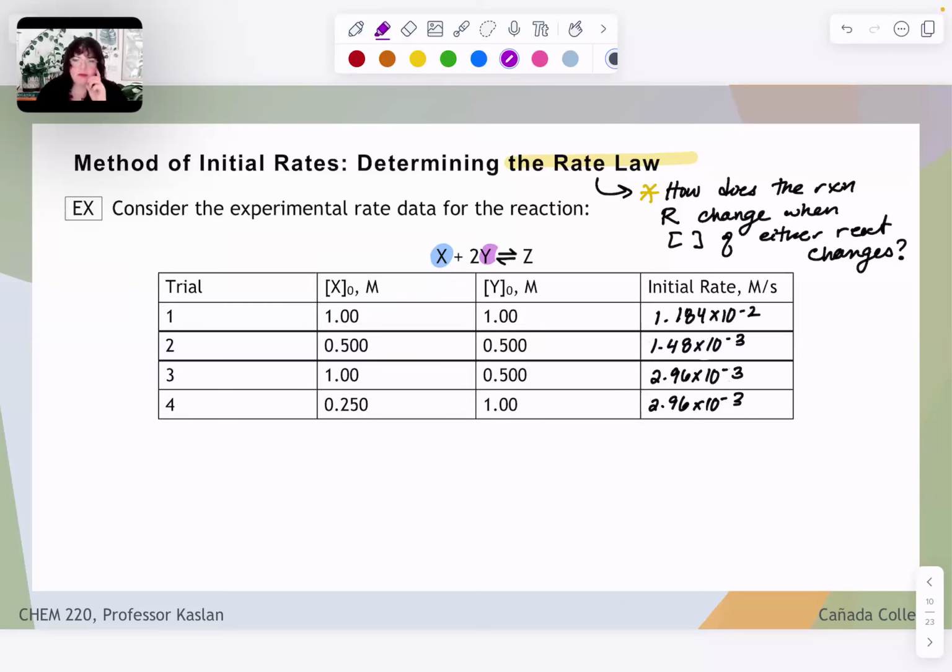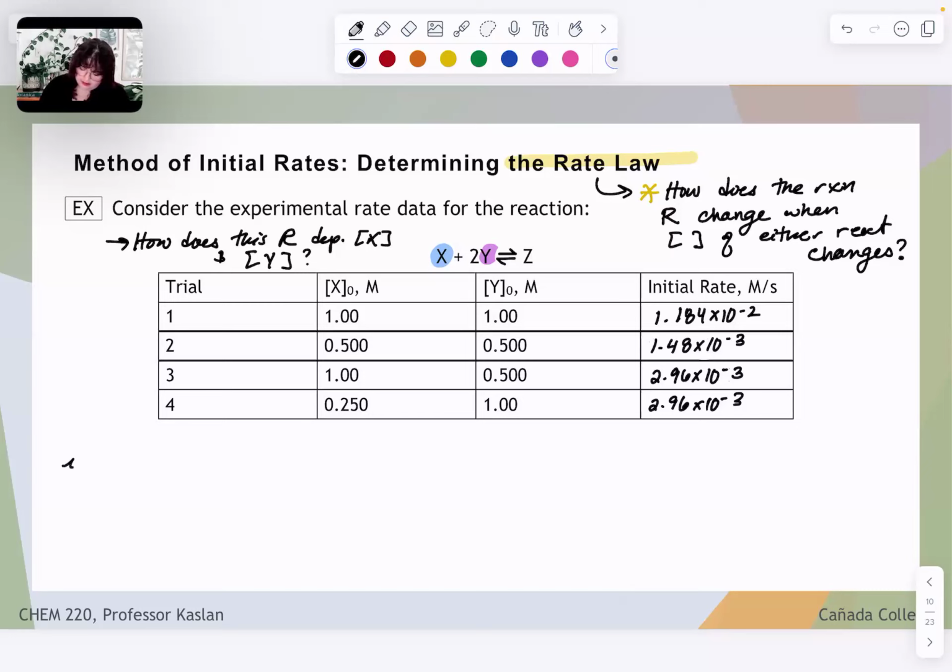So how do we depend on both of these reactant concentrations? So here, making this question a little bit more specific, how does this rate depend on concentration X and concentration Y?